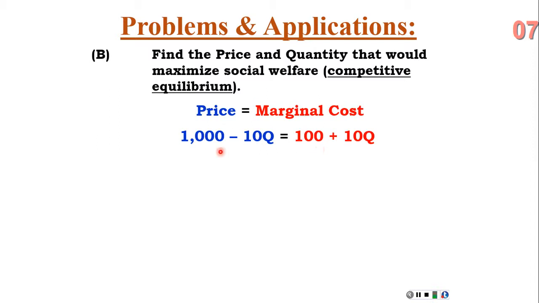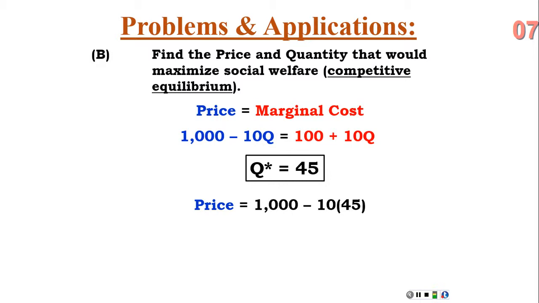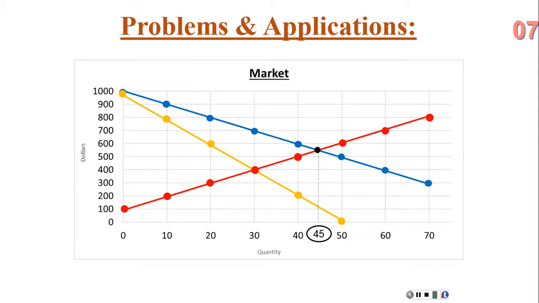Subtract 100, that would be 900. 900 equals 20Q. Divide by 20, you get 45. So Q star is exactly what we said from the previous graph. We plug that into the price function: 1,000 minus 10 times 45, or 450, would be $550, which is exactly what we said graphically. That's where the two curves intersect, and that would be our price. So that would be the competitive outcome.